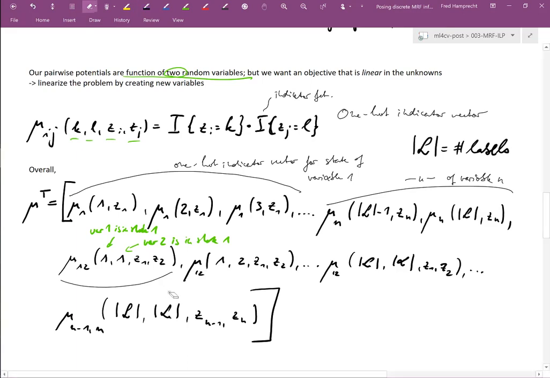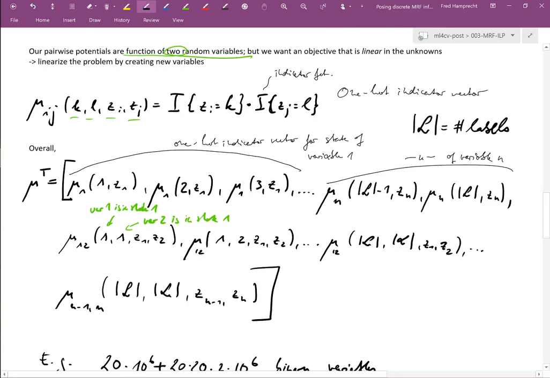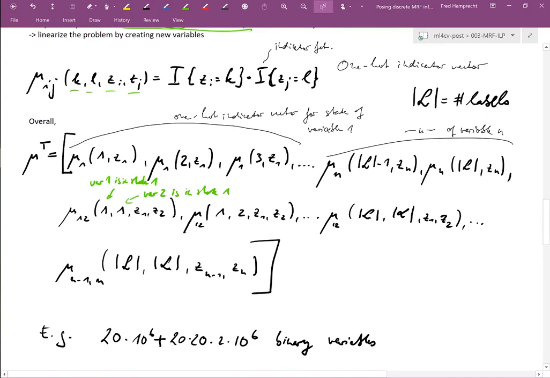Yeah, so in this example, with 20 classes and 1,000,000 random variables, these are the ones that code for the state of single variables. And this is the number of entries that I have that code for the state of pairs of random variables.